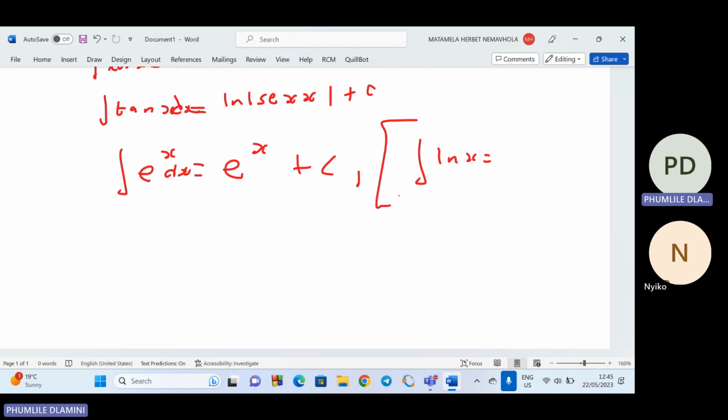The integral of ln x is x ln x minus x plus c.